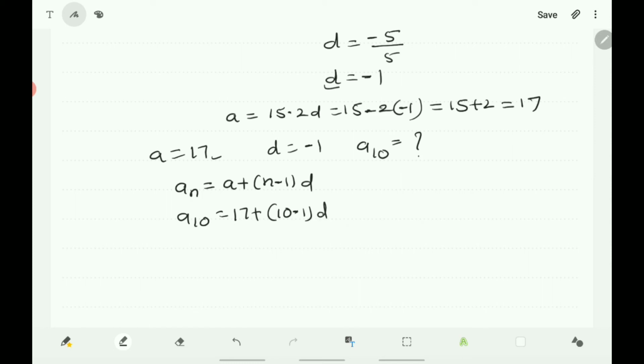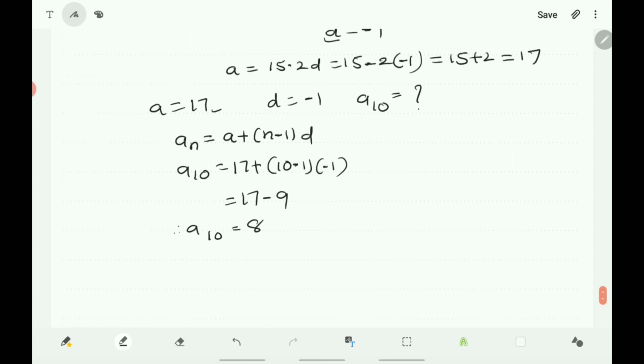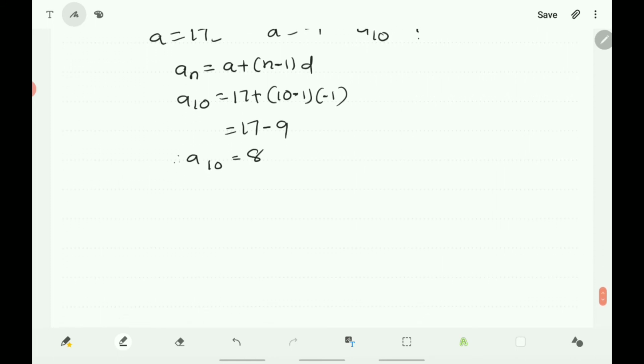That is d you got here. You substitute the value of d. d is minus 1. Then 17, 10 minus 1 is 9, 9 ones are 9, that is minus 9. So therefore a10 is equal to 8. a10 is equal to 8.